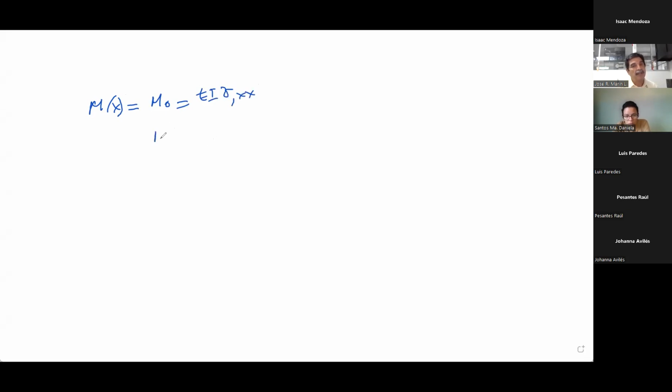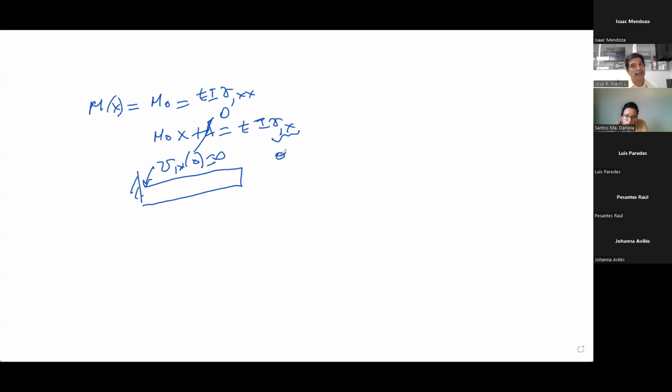So you integrate once, and you get M0 X plus A equal to EI times the slope. At 0, because it's clamped, the slope is 0, so A is 0. So this is theta at X. If you evaluate this at L, theta at L is equal to M0 L divided by EI.